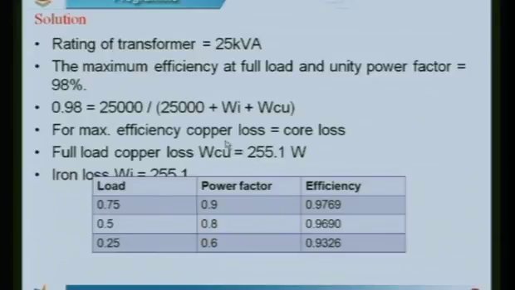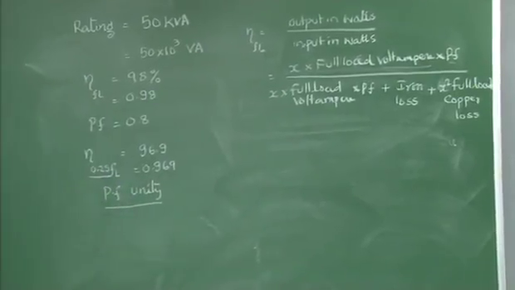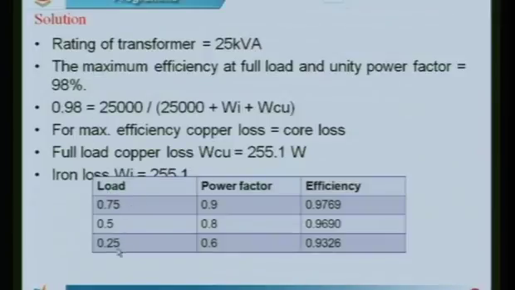Under this condition, in this expression I substitute different values of x, where the x values are in the first column, the power factor is in the second column, and the computed efficiency is in the third column. You can see for load factor 0.75 and power factor 0.9, the efficiency is this. Like that, for a given load the efficiency depends upon the power factor of the load.